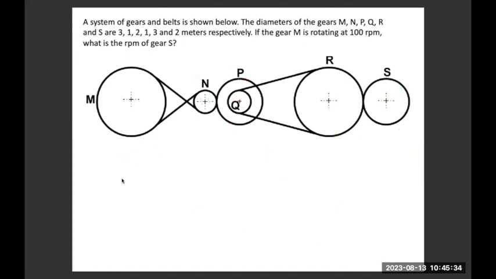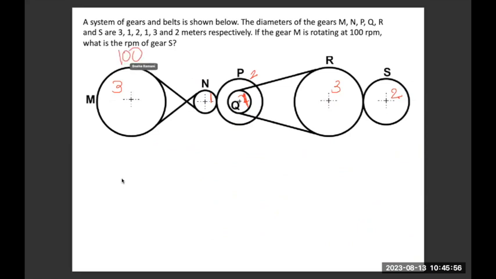So here the radius is given as 3, 1, 3. Sorry, 1 second. Here 2, here 3, and then this is 2. These are the radii which are given. And the rotations per minute of M is given.